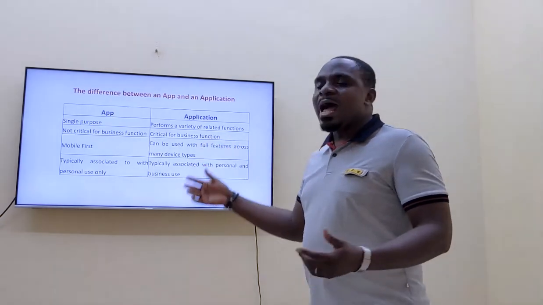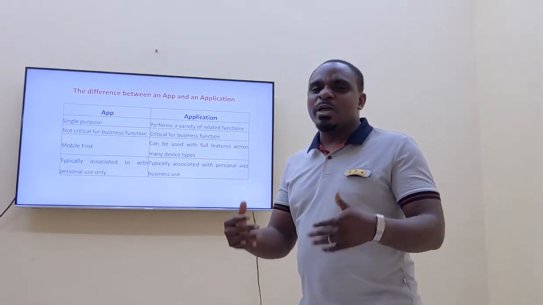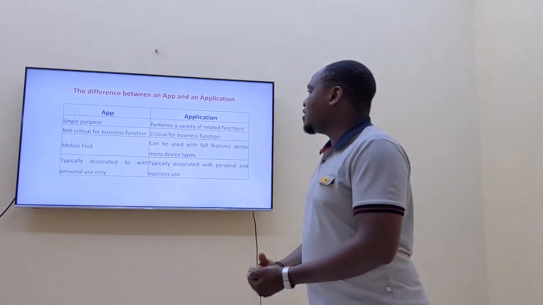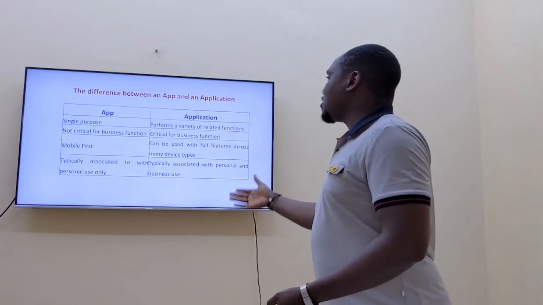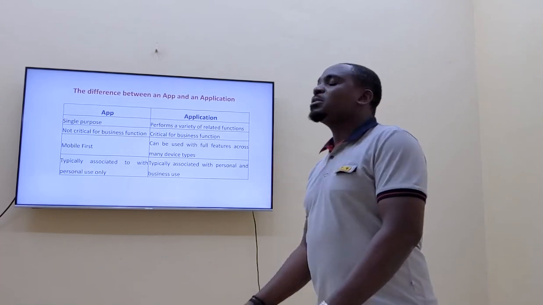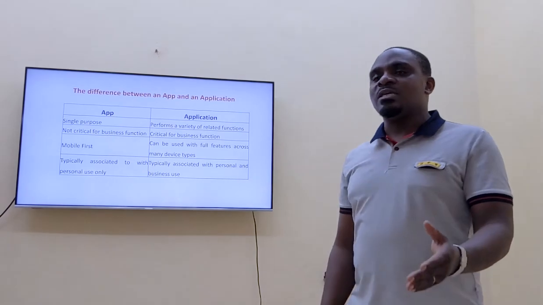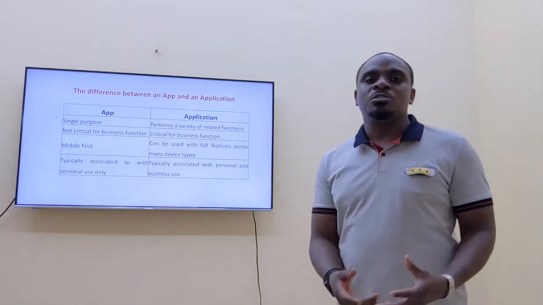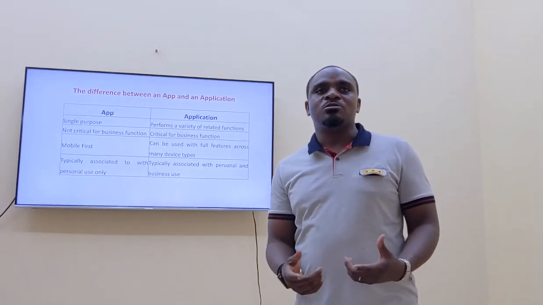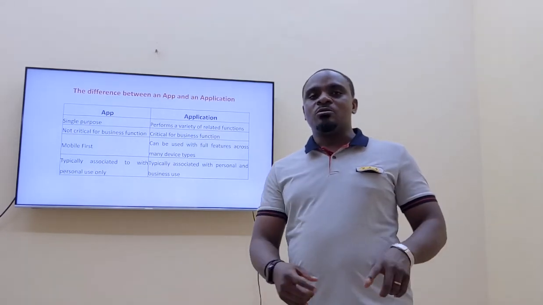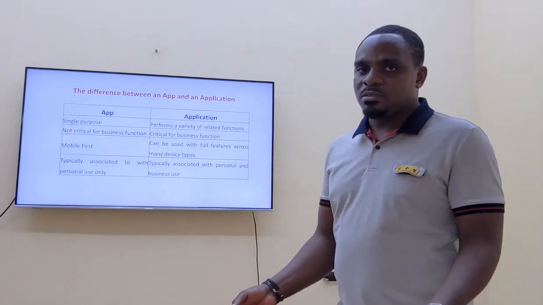We say apps are first and especially meant for mobile phones. Meanwhile, the application can be used with few features across any device. A typical example of this is you don't come to your laptop and begin to look for a Facebook application when you can easily go to your web and browse it.